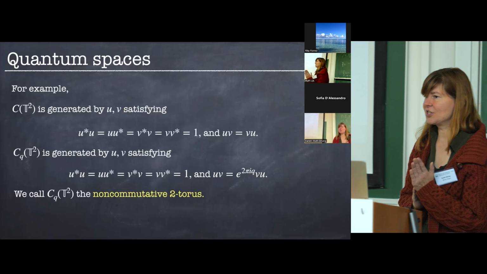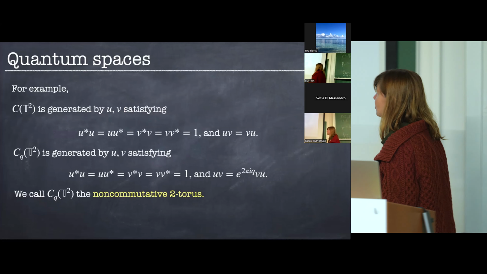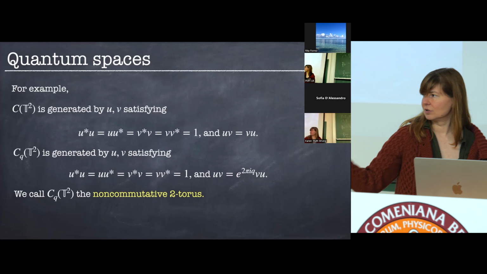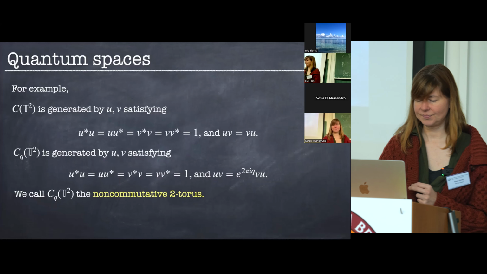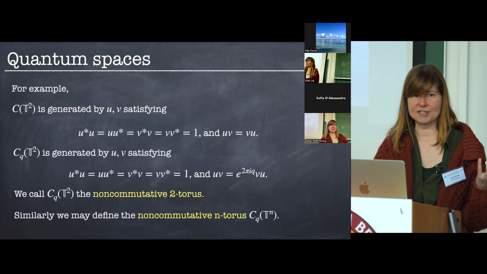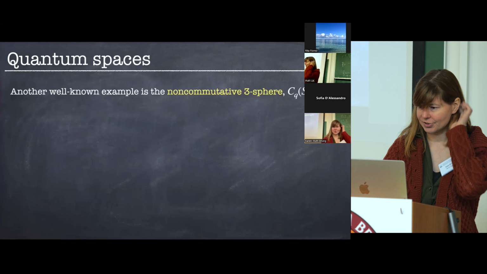And we call this the non-commutative 2-torus. The key is that when Q is equal to 1, we get back the original commutative torus. Similarly, one can define the non-commutative n-torus, and these are very well studied in the theory of non-commutative geometry and quantum groups.